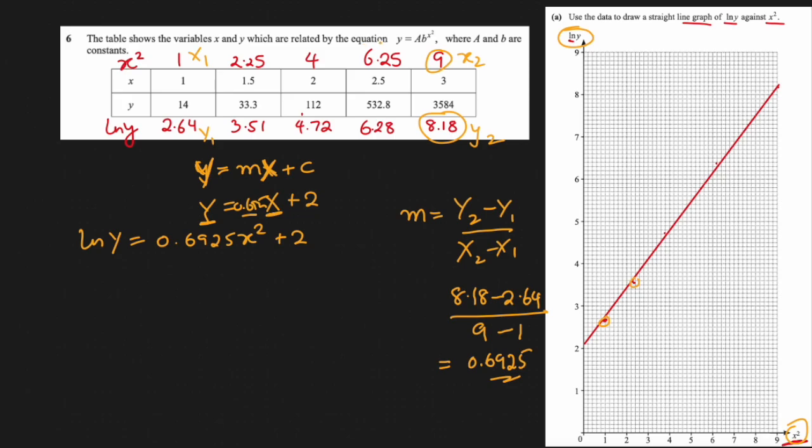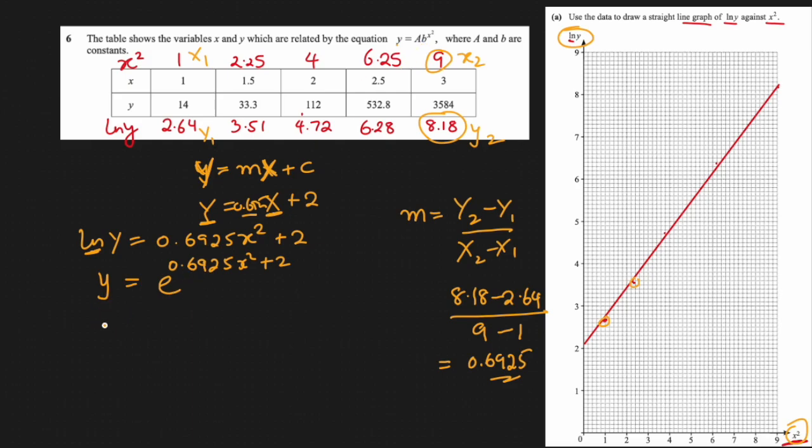Now I need to get this format. That means y should be alone. There should not be a natural log in front of y. Whenever we remove natural log from one side, we convert it to exponential format. So y equals e to the power 0.6925 x square plus 2. Y is alone, but it is not in this format yet. We want a to be a complete number, and then we want a base that is not e, it has to be b, something else.